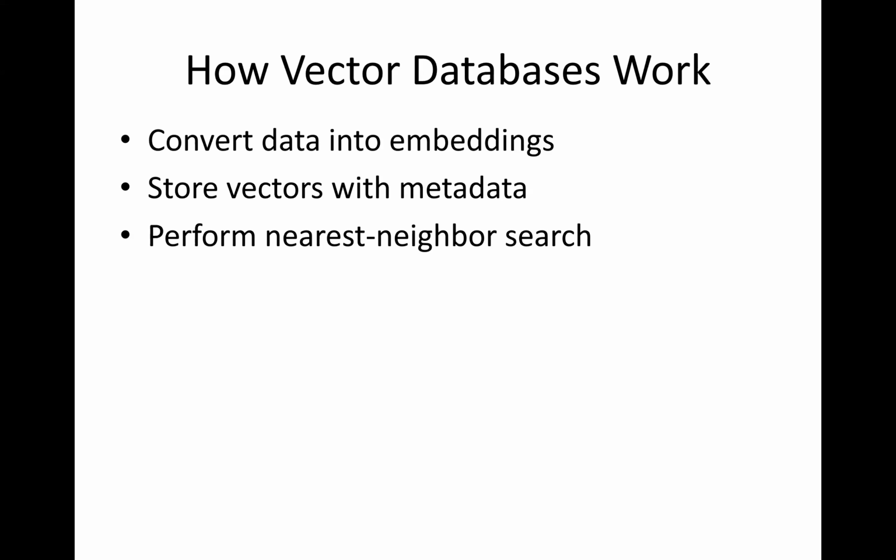It stores vectors with metadata, and then, based on the nearby vectors, or the nearest neighbor search, it finds the results, or performs the semantic search based on the similar search. So based on this, the vector database works.